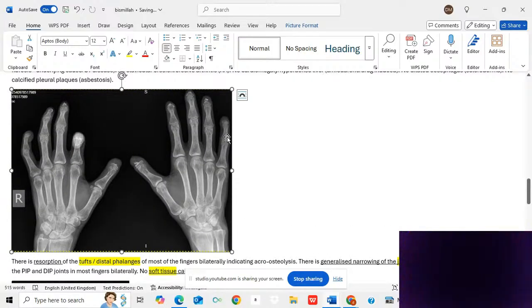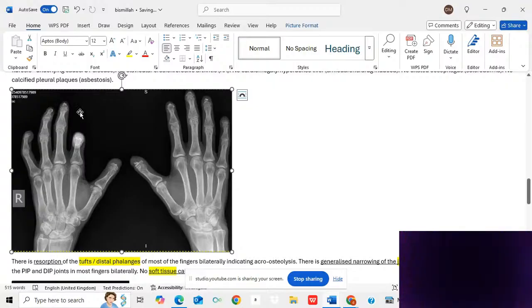Acroosteolysis, as you can see here, this is the proximal phalanx, middle phalanx, distal phalanx. The distal phalanx here is resorbed. Here the phalanx is partly resorbed, its tuft is resorbed. This is the proximal; can you see the middle?